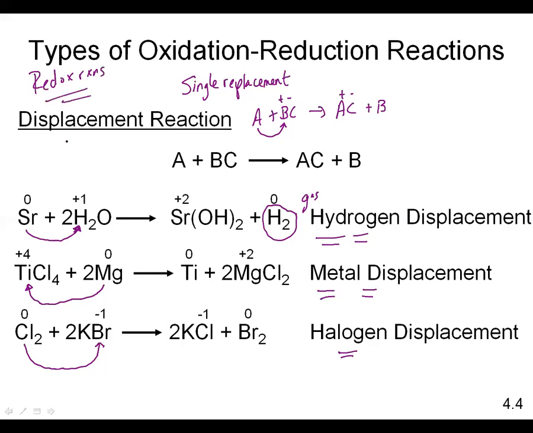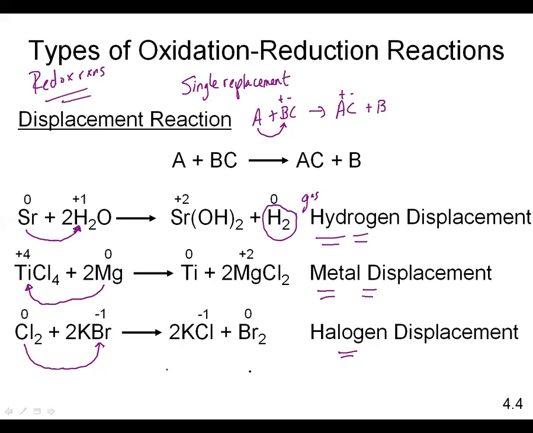In the first one, the strontium is going from 0 to +2, being oxidized. The hydrogen is going from +1 to 0, being reduced. The magnesium is being oxidized in the second one. The Ti is being reduced. The chlorine is going through reduction, while the bromine is going through oxidation in the last one.